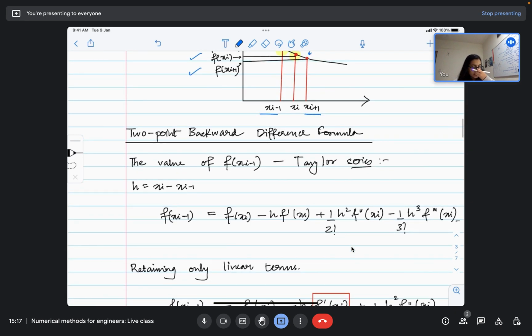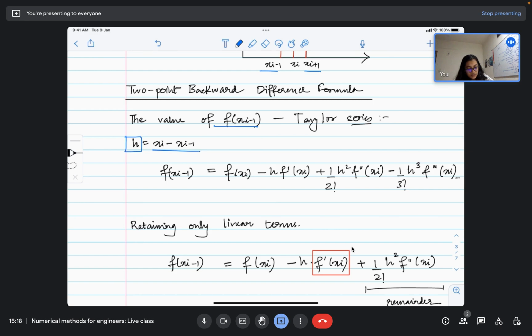So in order to proceed, what we will basically do is find the value for xi minus 1 with the help of Taylor series. And the value of h, that is the difference in the x value over which we are trying to compute the numerical differentiation, is basically xi minus xi minus 1. Okay.